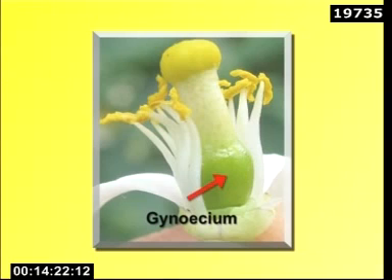Gynoecium usually of 4 to 5 carpels, or rarely they are less or indefinite in number. Carpels in family Rutaceae are united or sometimes free at base and united above by style.